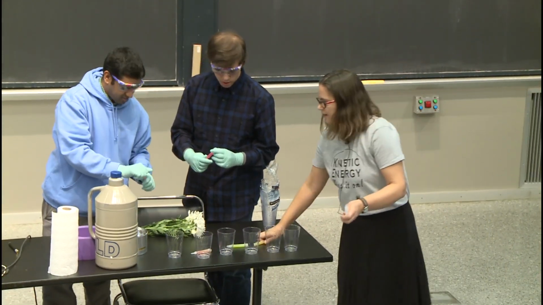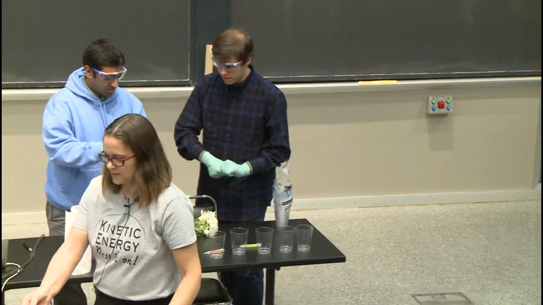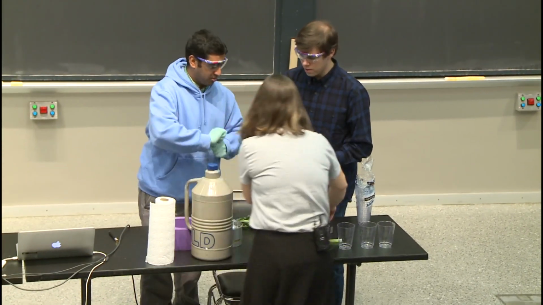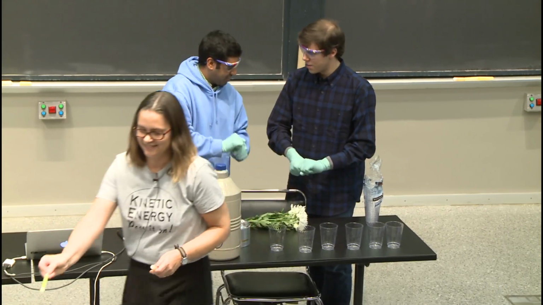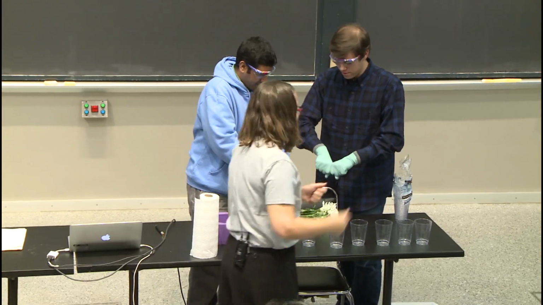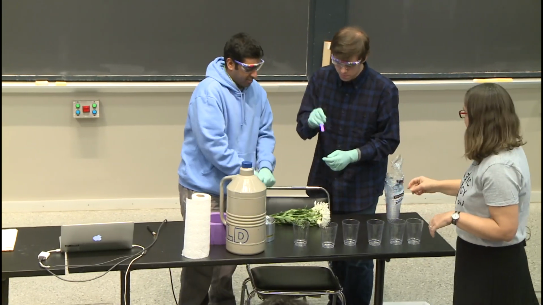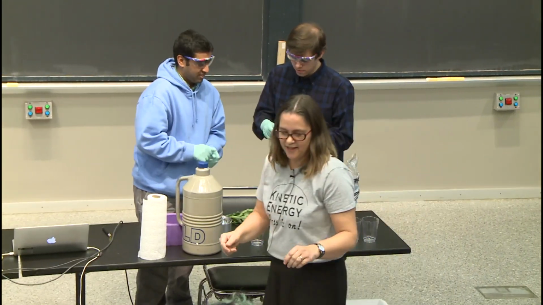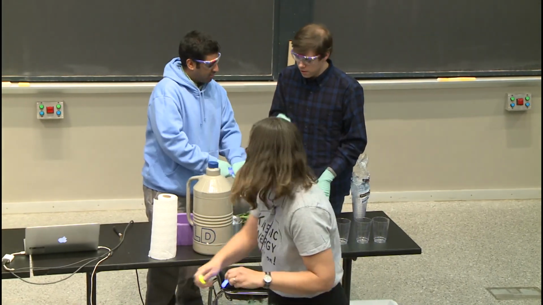Here, let's have a little help over here. I'm going to break some of these. How do you break them? You just kind of snap them, and then shake them up. And I think we'll bring down the lights so you can all see these pretty well.